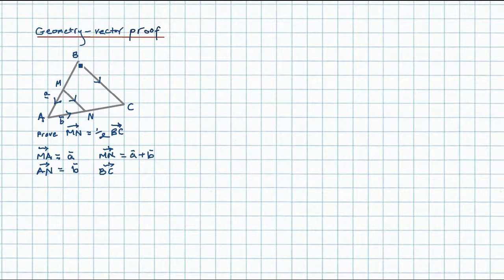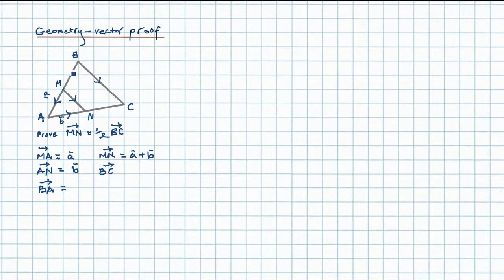And to get from B to C, we can go around the houses. So B to A to C. So we need a vector or an expression for BA. So let's write BA. Okay, well BA must be two of these A's because this is a midpoint here. So we're given that this is halfway.